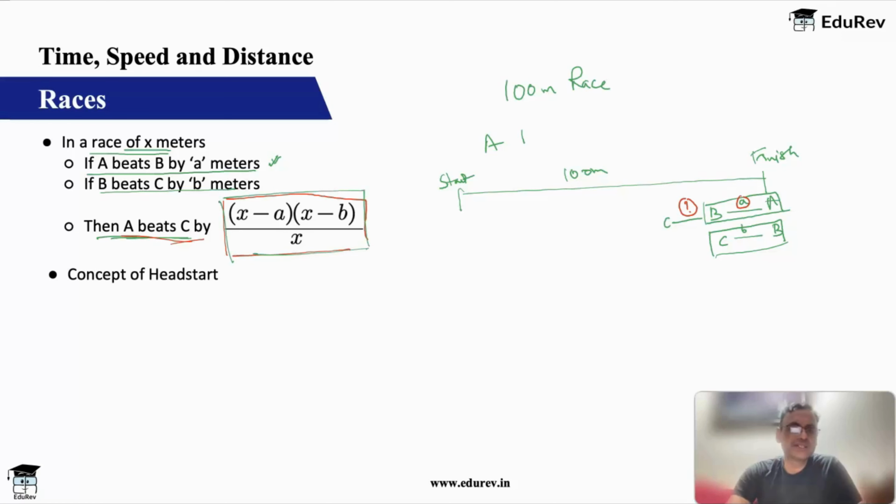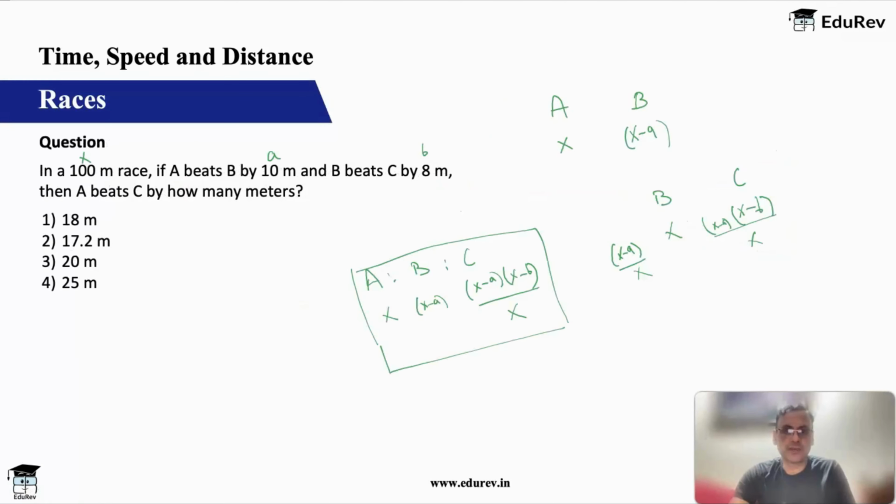Okay. A beats C by this much? No. Basically, C would be at this point, and how much he beats by, you'll have to subtract X from this. Because if you use this formula, you will get 100, 90 and 82.8.